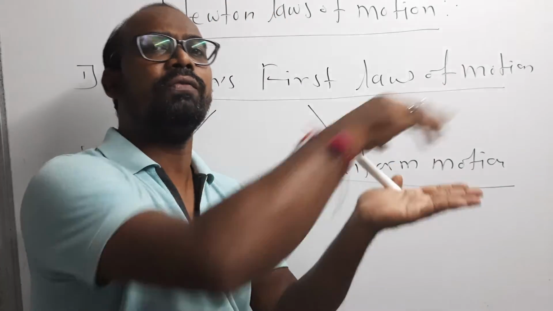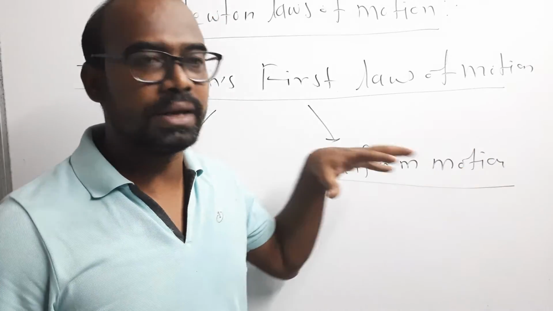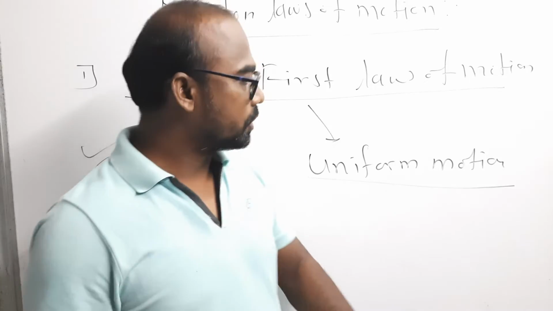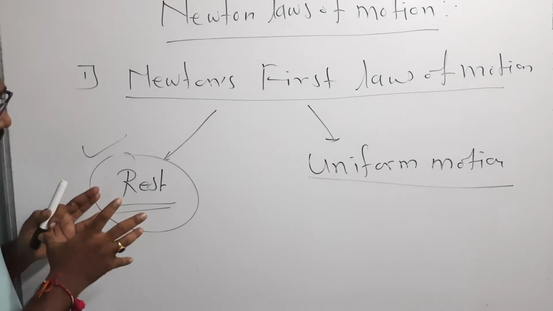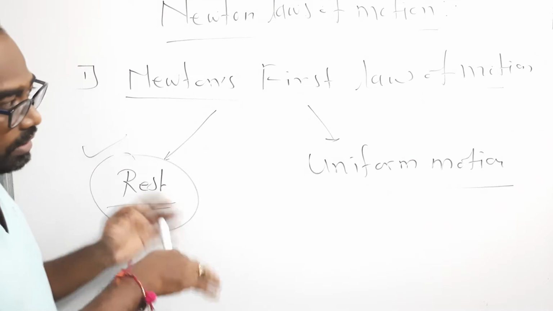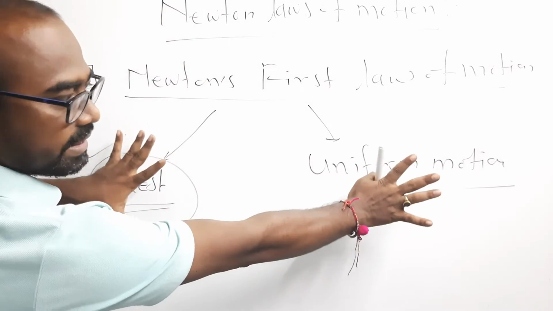Yes, the ball will remain in uniform motion. Clear? So that is a statement, right? When the ball is in a state of rest or uniform motion, it will remain in its state.